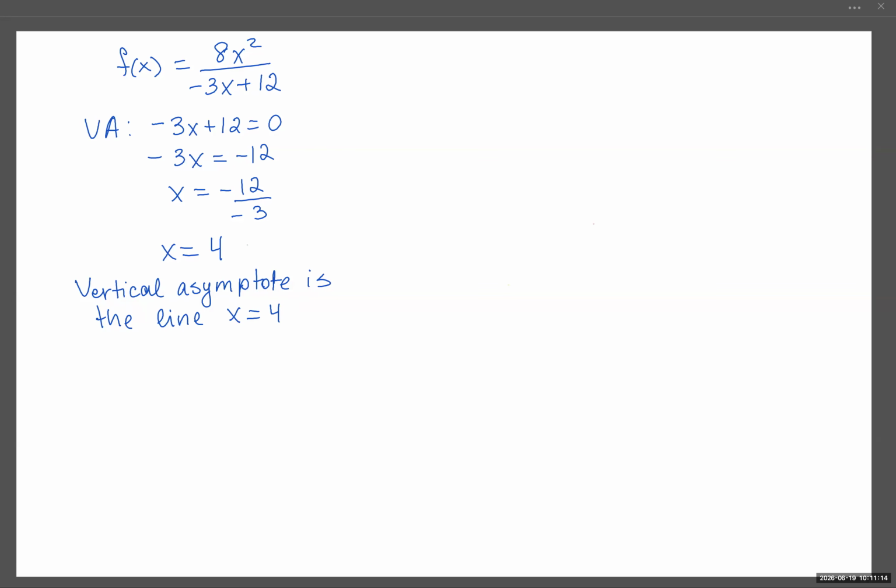Now let's go ahead and look at the horizontal asymptotes. So as far as degrees go, the degree on top in the numerator for this function is 2.